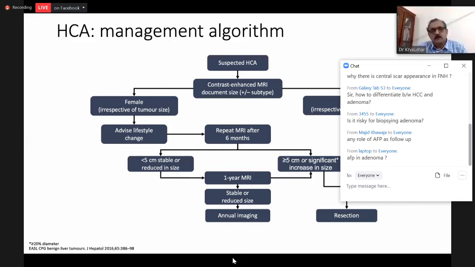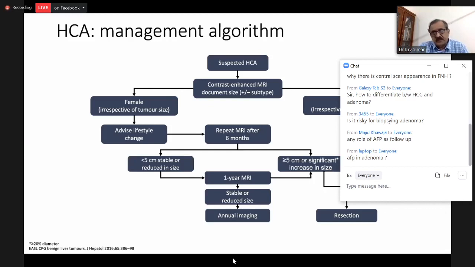I think my comment is that often, differentiating from hepatocellular cancer may not be a big issue because we are dealing with larger lesions here. These lesions are often more than 3 centimeters, and a 3 centimeter HCC will acquire very typical characteristics on CT and MRI.